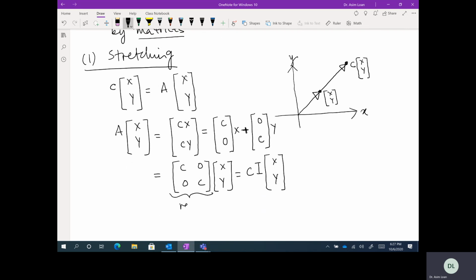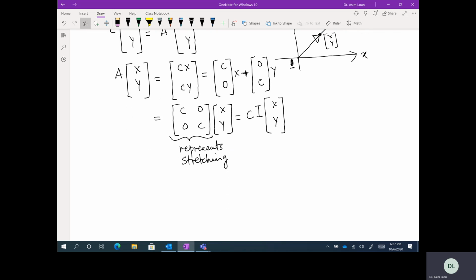This represents stretching. If c is positive, the vector is stretched in the same direction. If c is negative, it is stretched in the opposite direction. So the entire space expands or contracts.